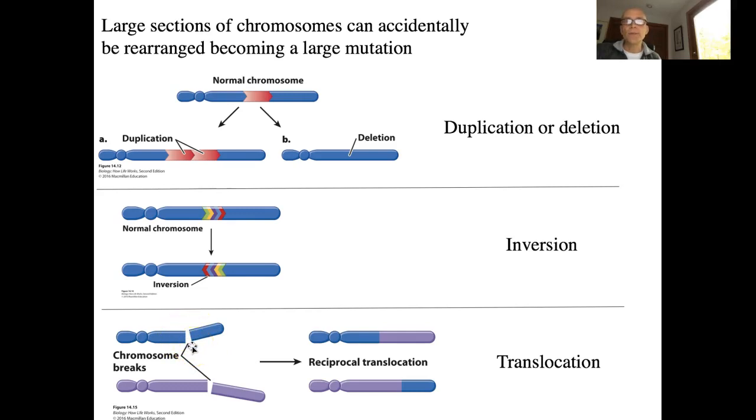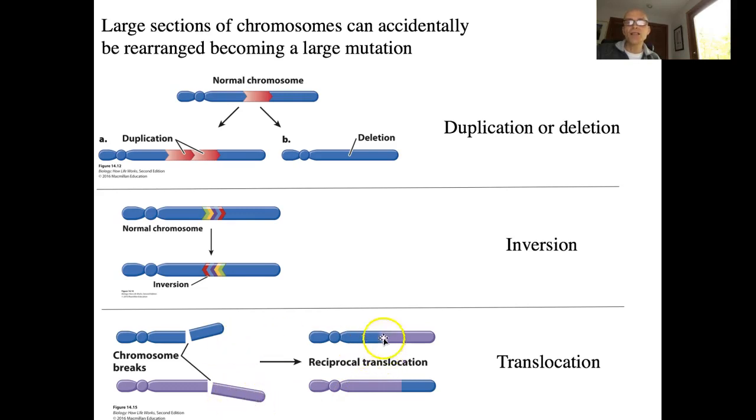And those repair mechanisms can then fix the broken chromosomes, but sometimes they fix them opposite. The repair mechanism doesn't know that this goes here and this goes here. It just knows that there are pieces that need to be stuck together. And so it might stick this together here and that together there. And so that leads to translocations of large portions of chromosomes.